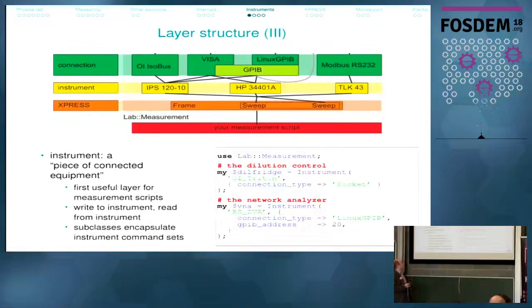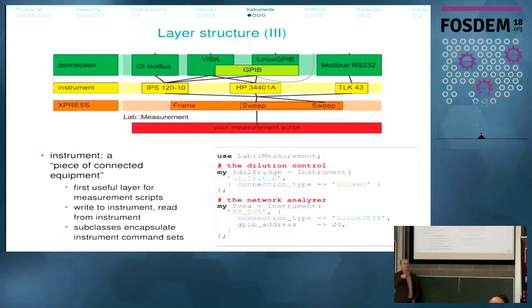Generating the instrument object is rather easy. There's this function here in the lab measurement package where you can generate such an instrument object by passing the class name and then passing further parameters. And in this shorthand here, we get, for example, an instrument of the type OI Triton that is automatically generated with a connection of the type socket.